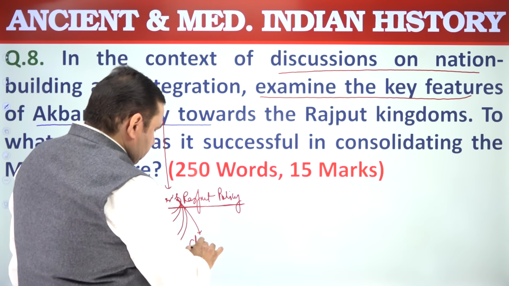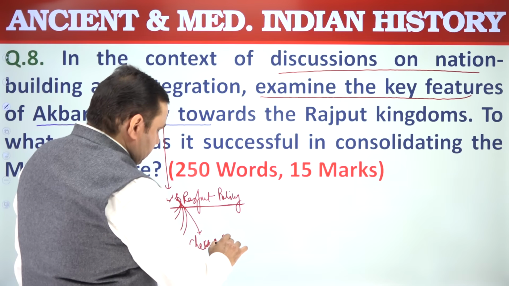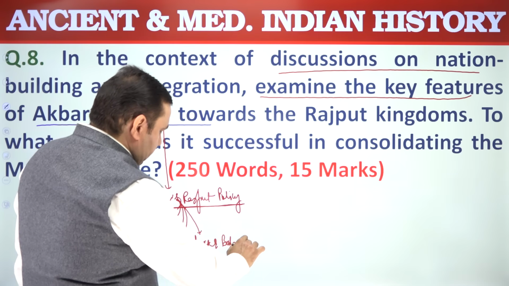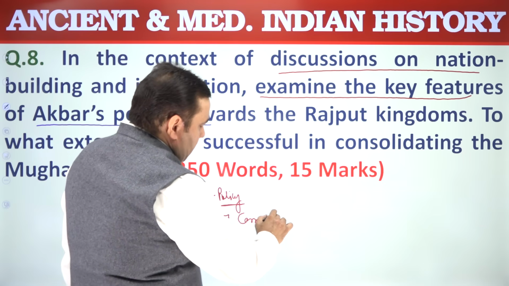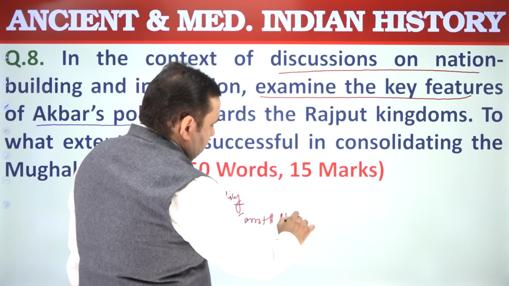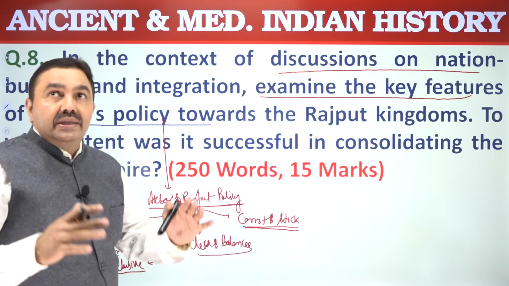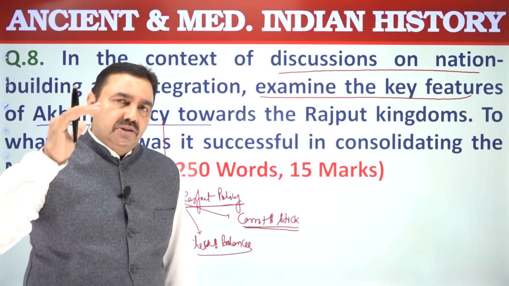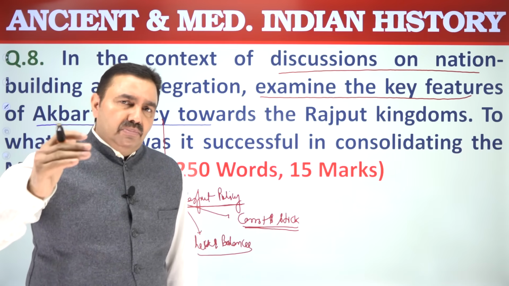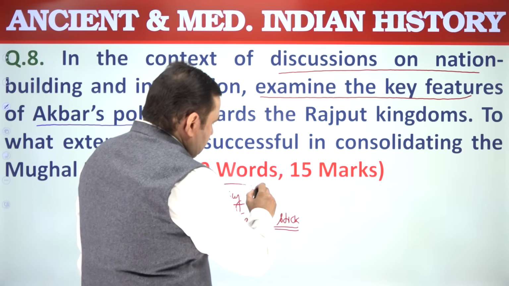It was based on a system of checks and balances. So he tried to maintain a balance among various Rajput powers. Elements of carrot and stick: Rajput nobles were given promises of rewards. Those who accepted Mughal overlordship voluntarily were rewarded with high positions or high mansab ranks. They were given autonomy in their areas to govern without Mughal intervention.